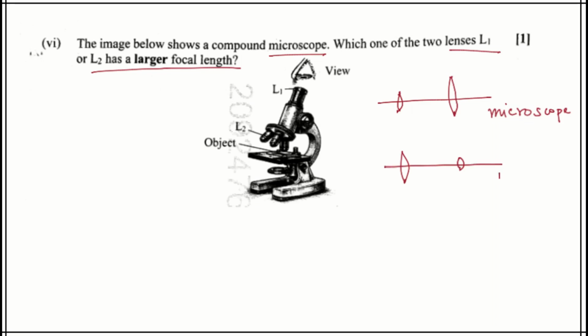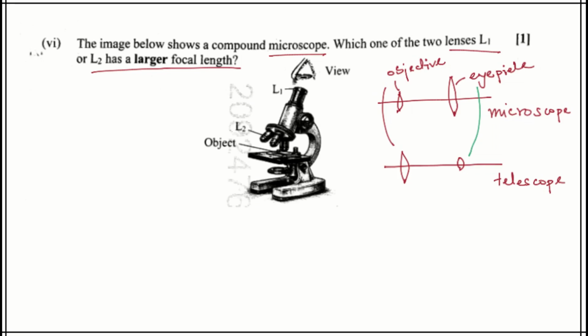As we are talking about a microscope, in this case L2 is the objective and L1 is the eyepiece.